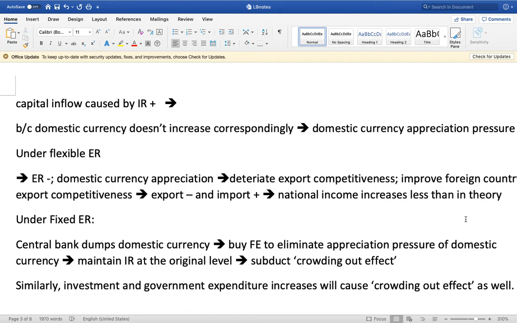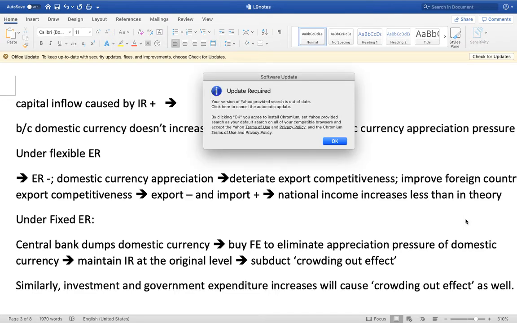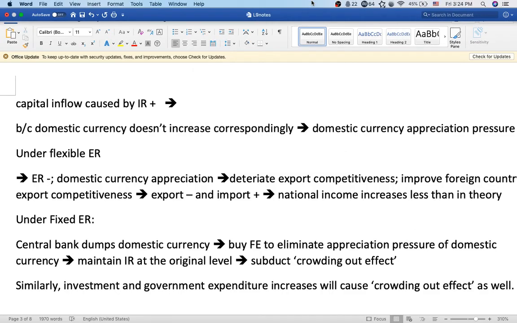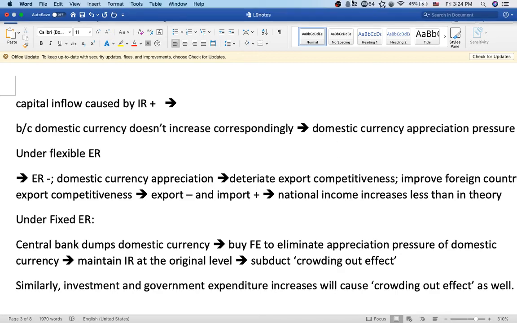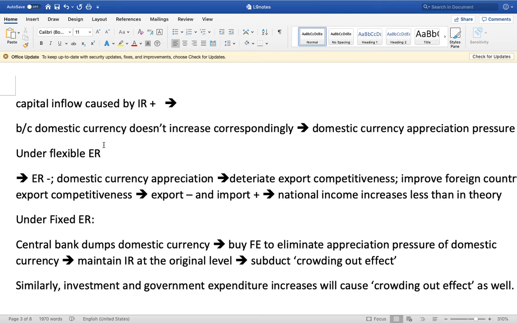Because the domestic currency supply doesn't increase correspondingly, there is domestic currency appreciation pressure under flexible exchange rates. That will cause the exchange rate to decrease and the domestic currency to appreciate.